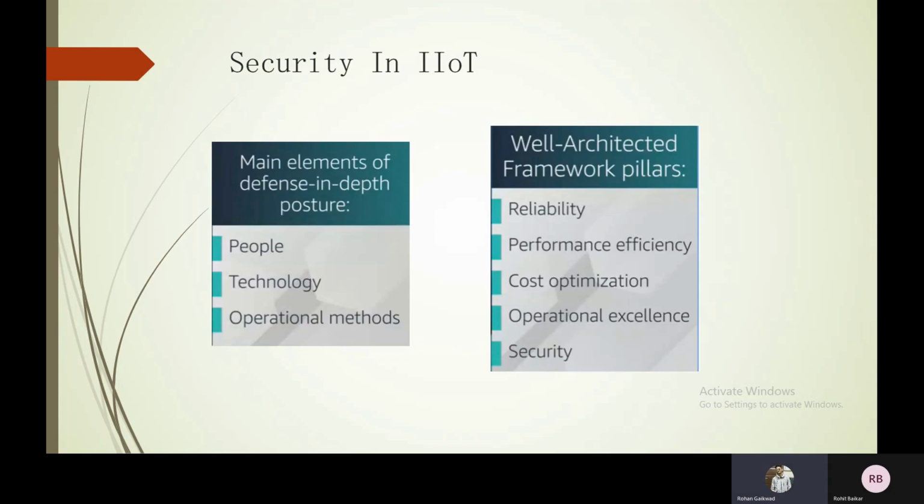Security in industrial IoT. This defense in depth posture is based on three different elements, which are people, technology, and operational method. Starting with the people, in an organization, it is always a good idea for people to be aware of how serious and important information security is. Now, the technology.